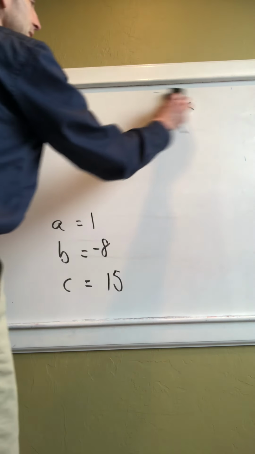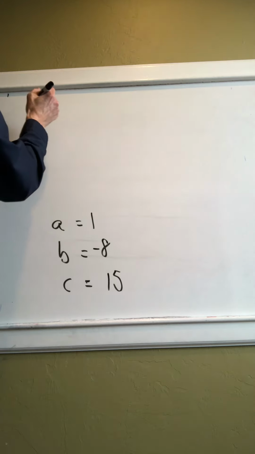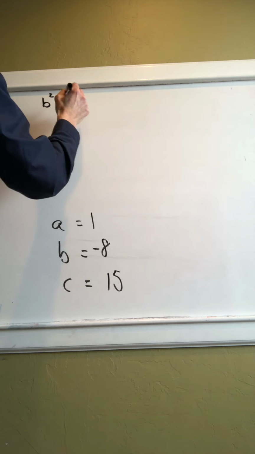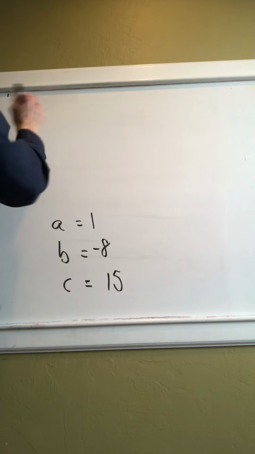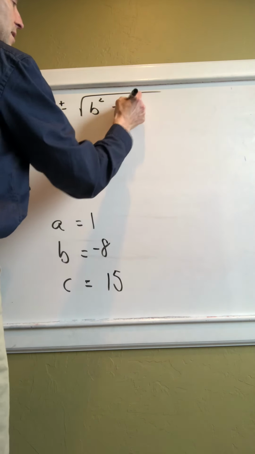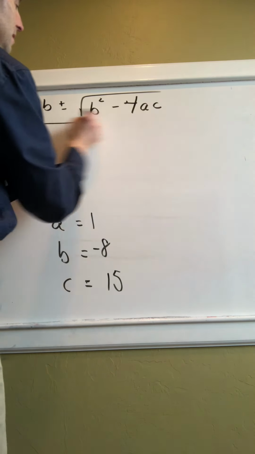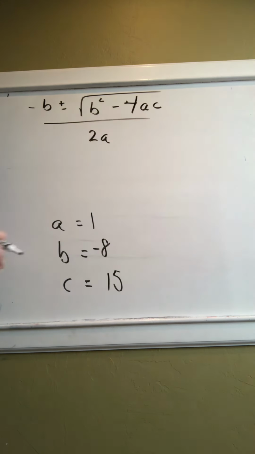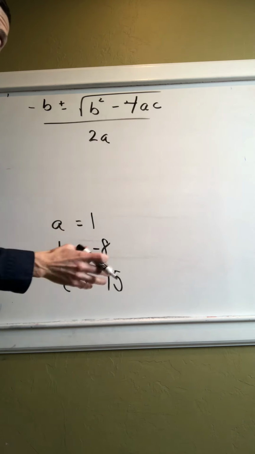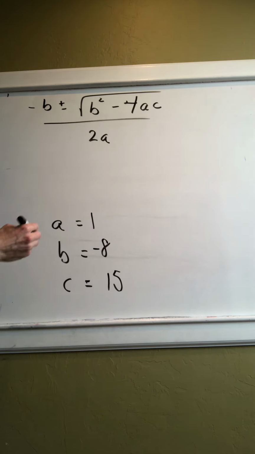All right, once we have a's, b's, c's, they're going into this formula: negative b plus or minus the square root of b squared minus 4ac, all over 2a. So here it is again, quadratic formula. We got to take these values and pump them in there.